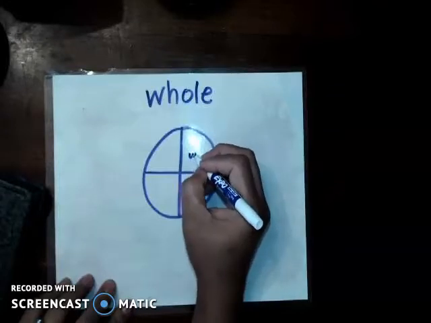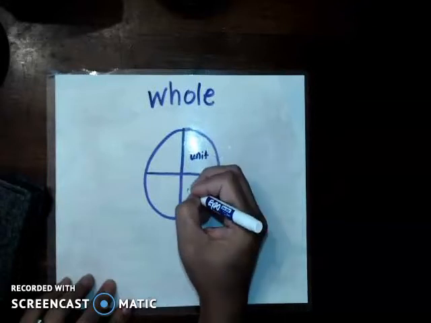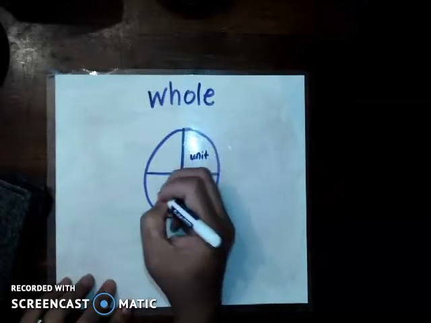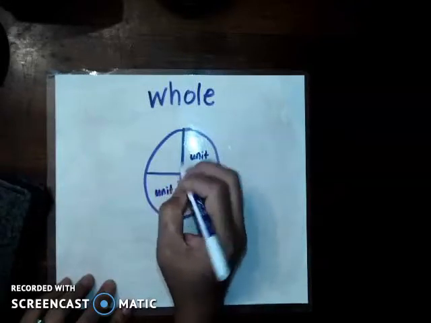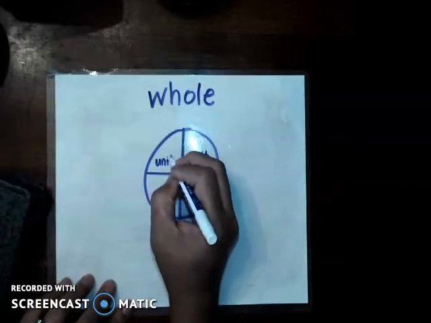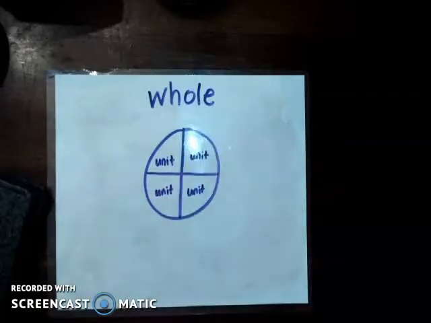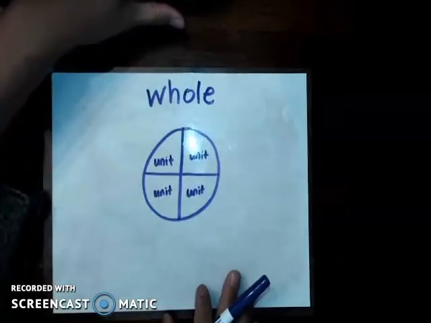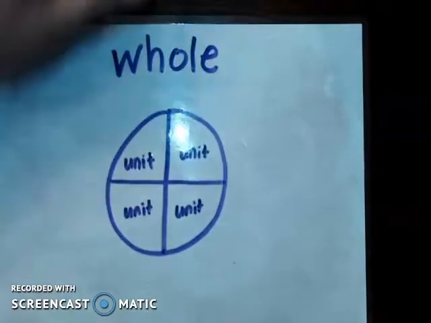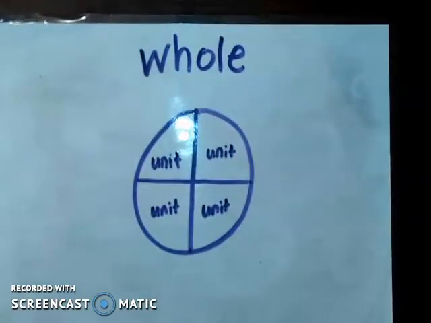So this is a unit, this is a unit, this is a unit, and this is a unit. So every single piece of the whole, once again, we are calling the unit. And if you haven't already done this on your own whiteboard paper, go ahead and do that.